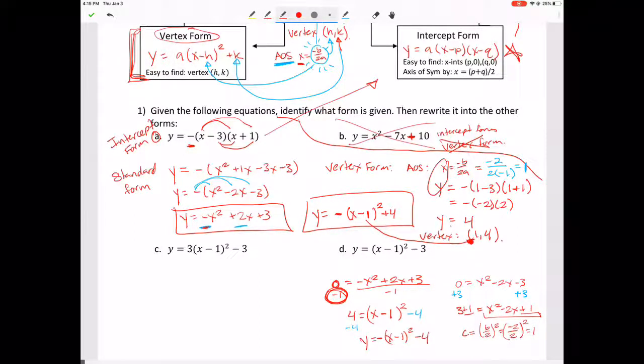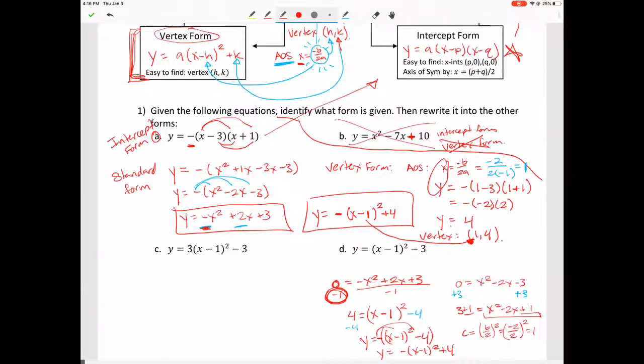Okay? And you know, this is one of the reasons why we don't usually have this leading negative for completing the square. When we put this negative 1 back in there, it needs to be distributed to both terms. So that gives us y equals negative x minus 1 squared plus 4.